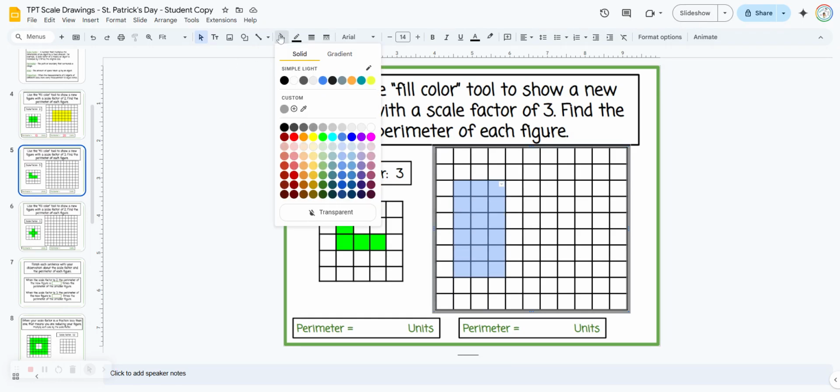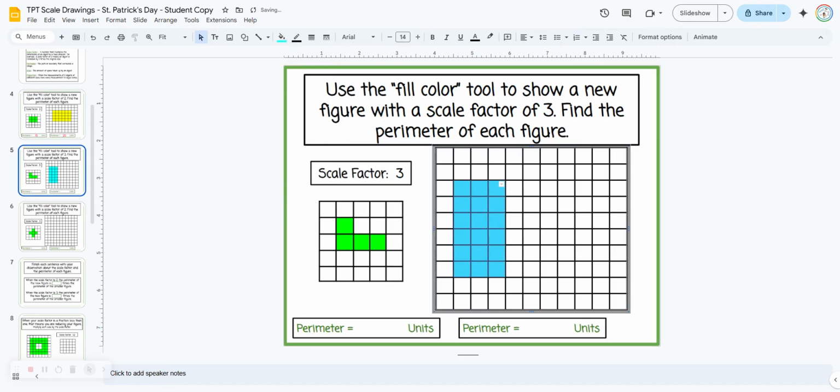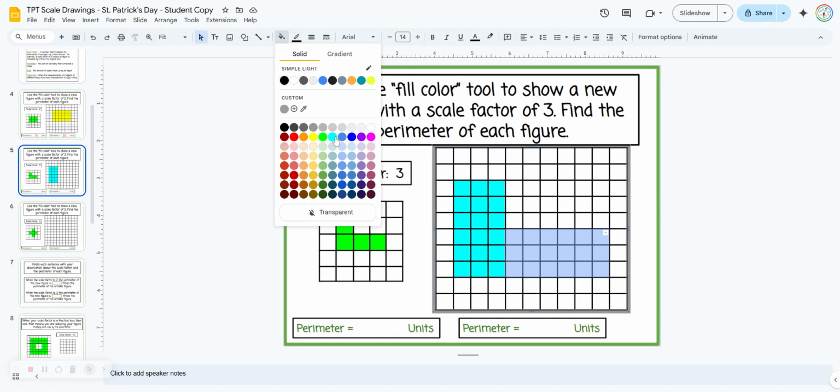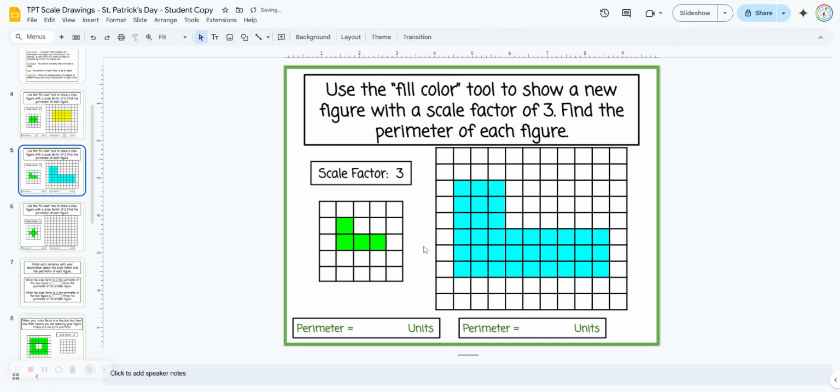So they get that shape shaded in, and then choose a color, and then they can finish it over here. So each side multiplied by 3. So same shape, but 3 times larger.